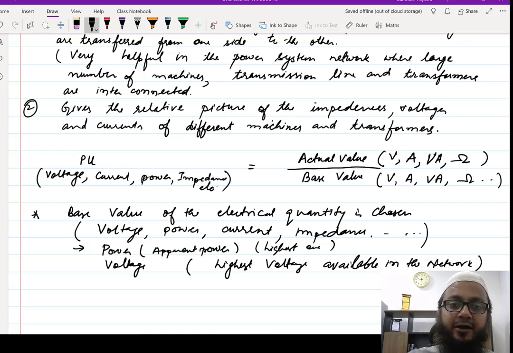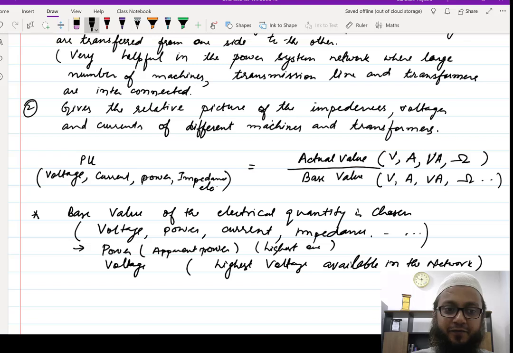The power rating of the transformer would be the base power there, the apparent power. The apparent power in a transformer, either on the primary side or the secondary side, remains the same, right?